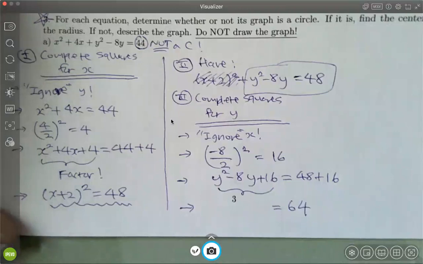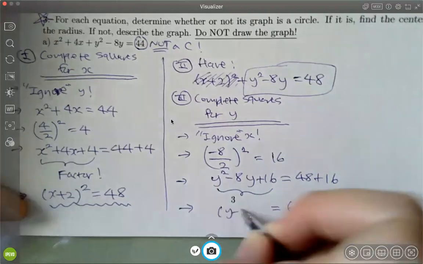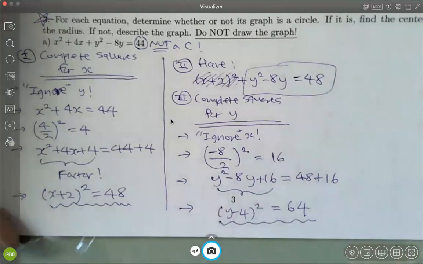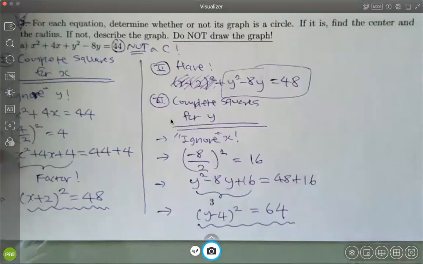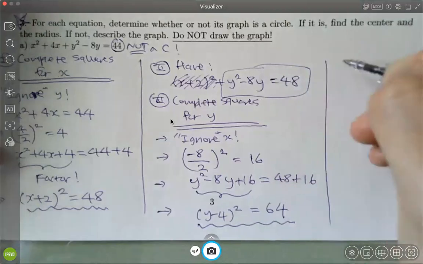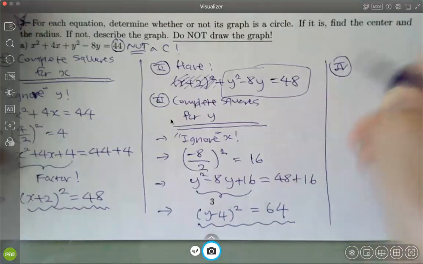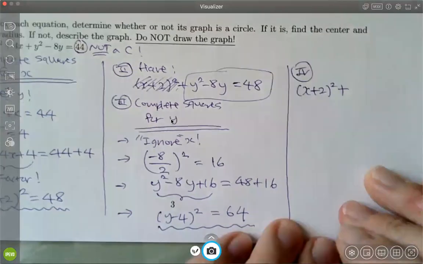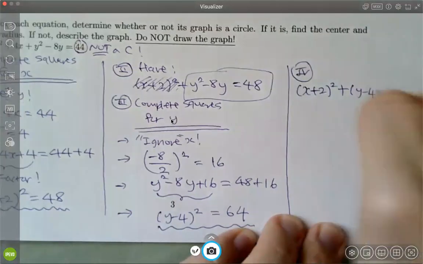So it's y minus 4 times itself. So it's y minus 4 squared is equal to 64. Now put everything together. So what do we have? x plus 2 squared, plus y minus 4 squared is equal to 64.